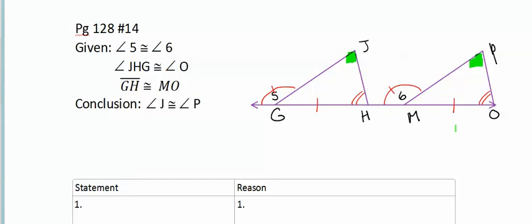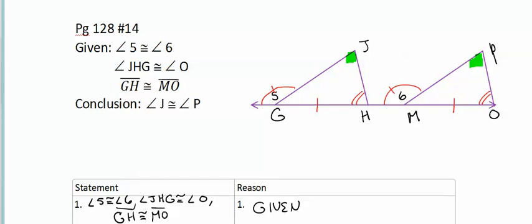So we're going to have to think about how we're going to get those two triangles congruent. As with most proofs, we're going to start with our givens. That angle 5 is congruent to angle 6, angle JHG congruent to angle O, and segment GH congruent to MO. Now, if we go back to the diagram and look at the triangles that we have, we've established angles congruent.